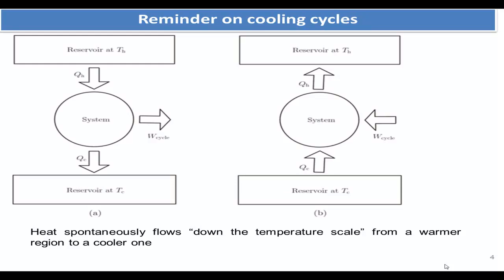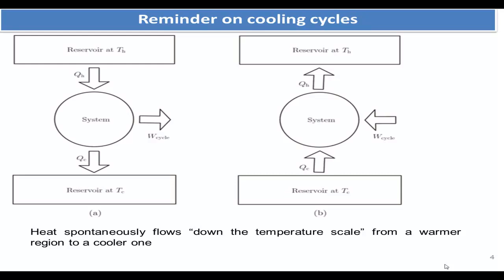Likewise, in steam power plants producing electricity, you have heat being converted to work. That work comes out from the plant in the form of mechanical work, a shaft rotating.